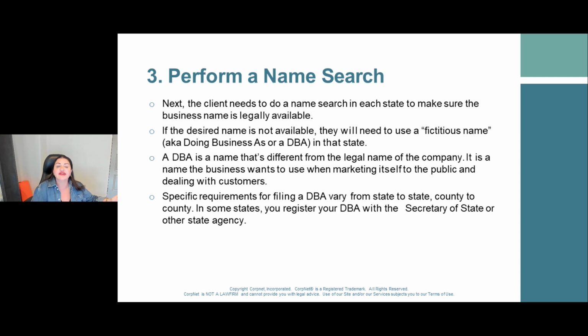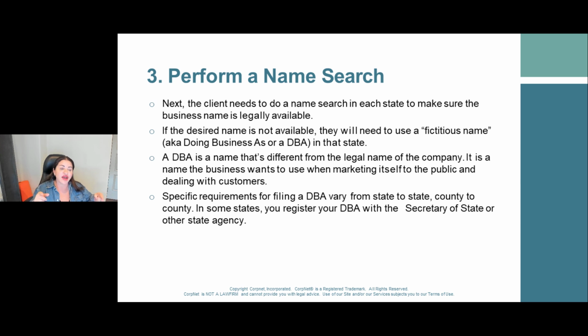So you're going to need to do a name search in each state to make sure the business name is legally available. If the desired name is not available, you can do a variation of that name, or you'll need to use a fictitious business name, AKA doing business as, or a DBA in that foreign qualification state.